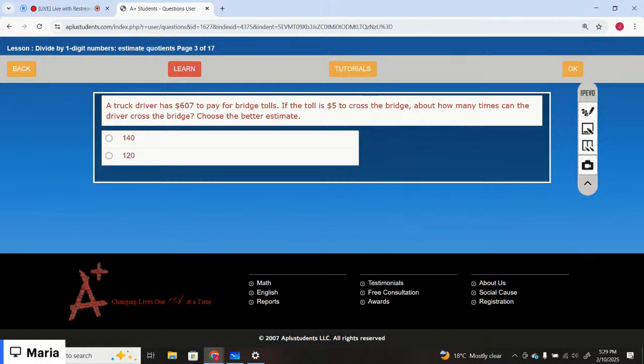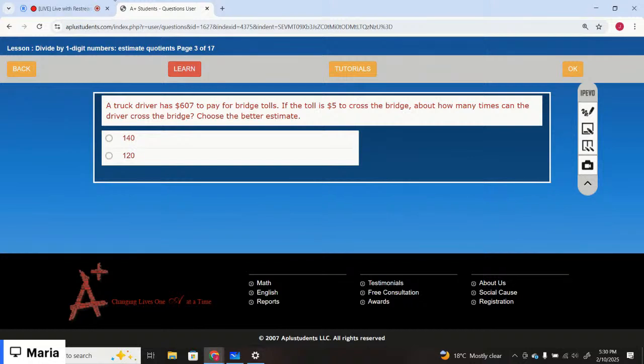So, which is the correct option? 607, you have to divide it by 5.